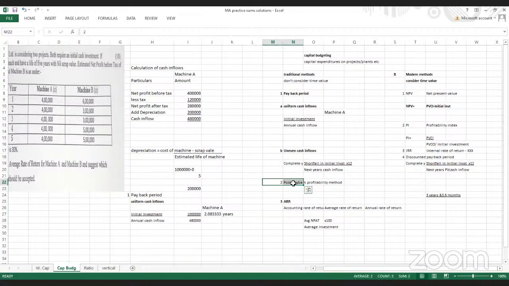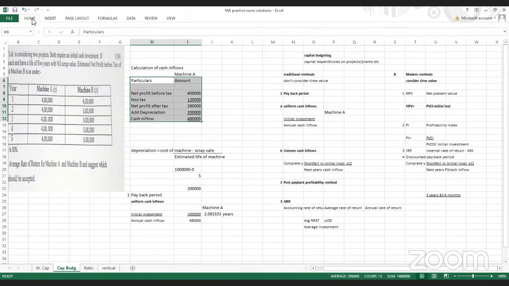These three methods I'm going to show you from this sum. So the first one is done. Very simple formula for payback period: initial investment upon annual cash inflow. Initial investment will be given in the sum, in paragraph form, and annual cash inflows we found out by making that table. You can see here, and just make it in tabular format.